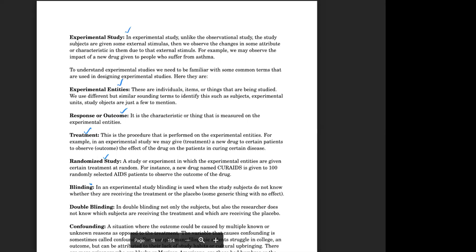Blinding is a situation where the subjects do not know whether they're receiving the placebo or the treatment. Sometimes it is also called single blinding. And the other one is called double blinding. In that case, not only the subjects, but also the researcher or experimenter does not know which subjects are receiving treatment and which are receiving the placebo.